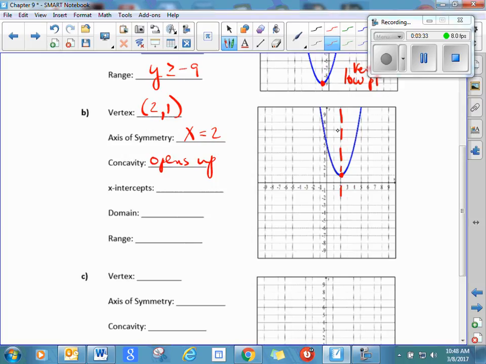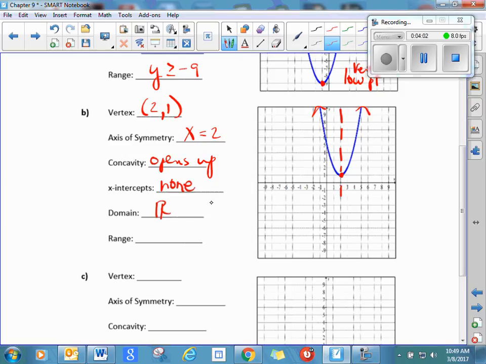X-intercepts. So this is interesting because this parabola does not intersect the x-axis anywhere. So this is one of those cases where there are no x-intercepts. There are none. The domain, again, it's all real numbers because every single number on the x-axis will ultimately intersect this graph somewhere before infinity.